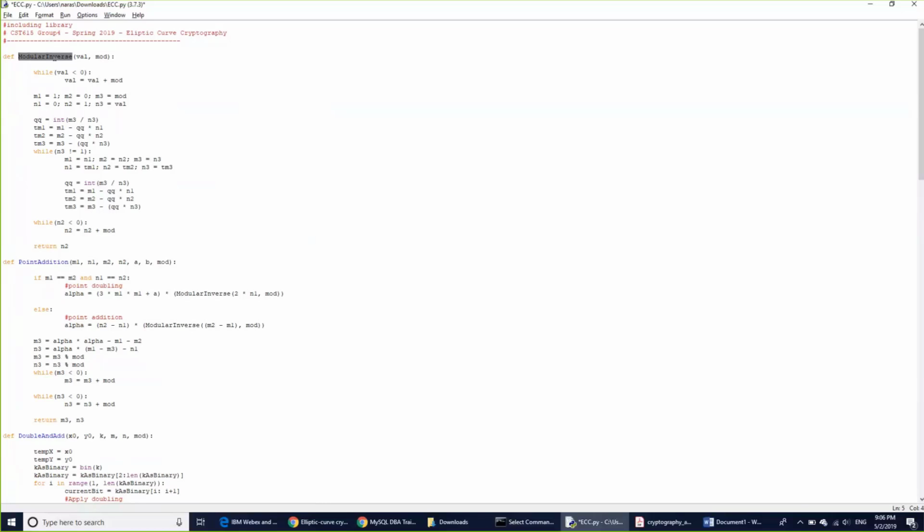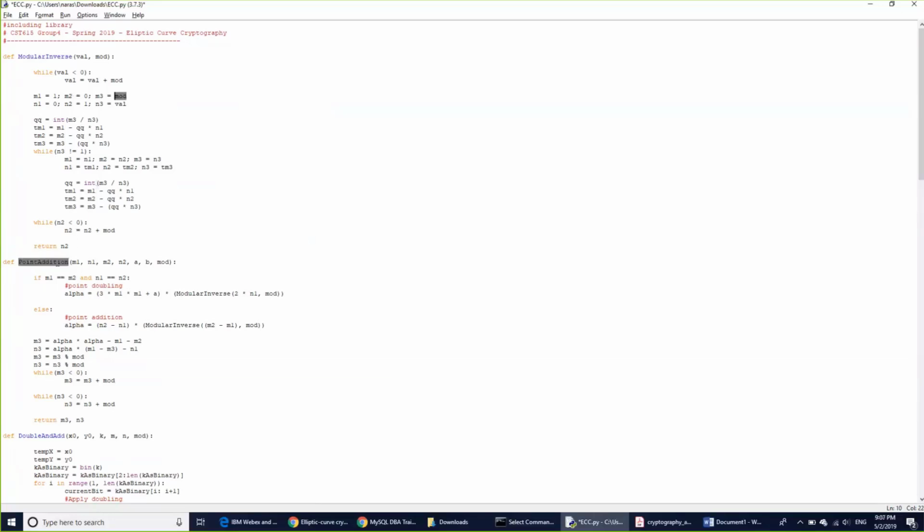In modular arithmetic, we do not have division operations. However, we do a modular inverse, so the value times its inverse will always be equal to 1. So we use the modular inverse in place of the divisions here.